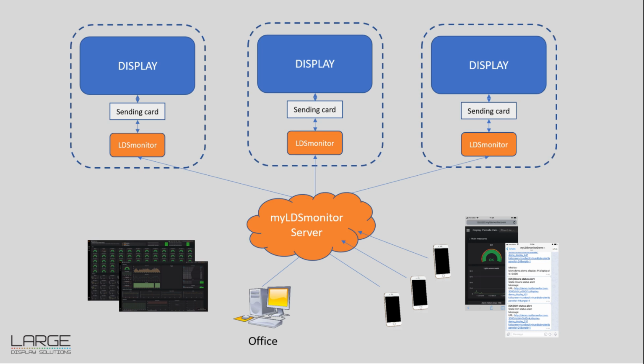This monitor is available in two different setups. A hardware setup that is an industrial board capable of working between minus 40 degrees centigrade and 80 degrees centigrade. It is a very wide range.